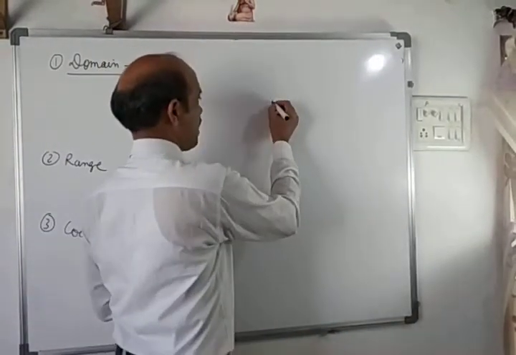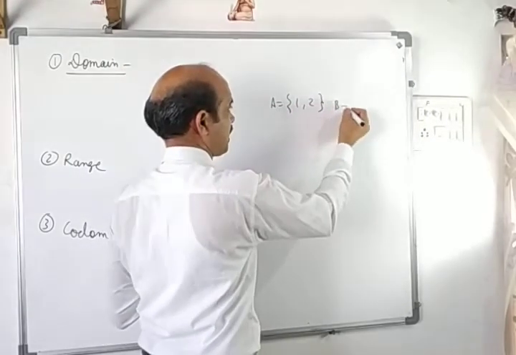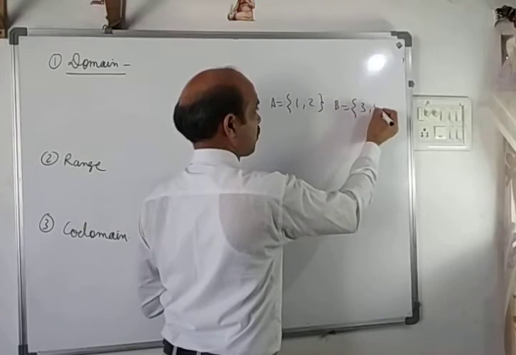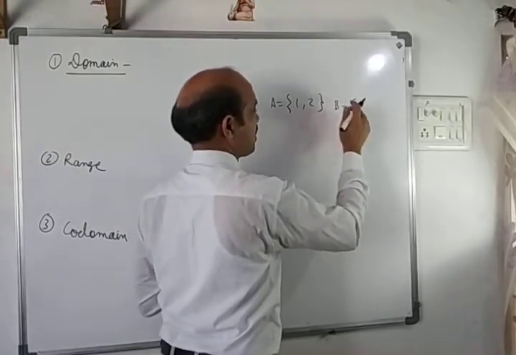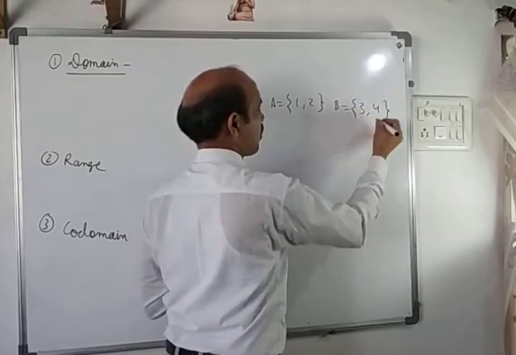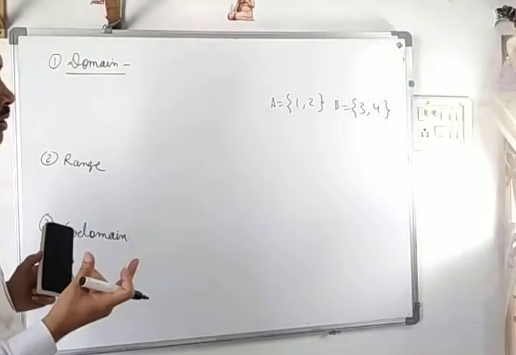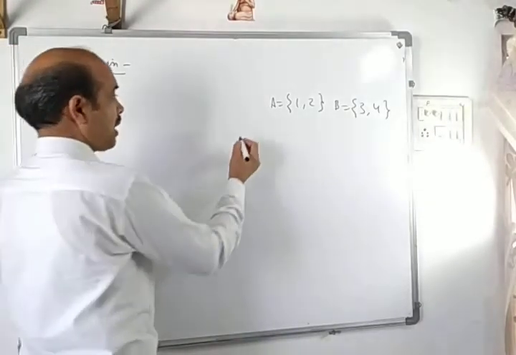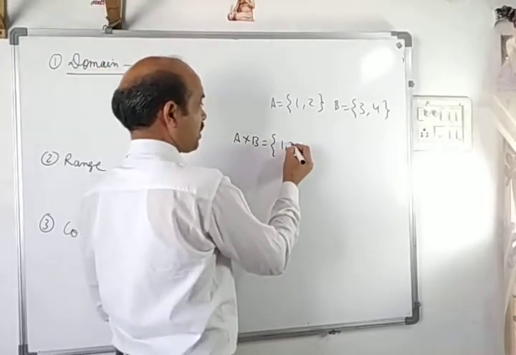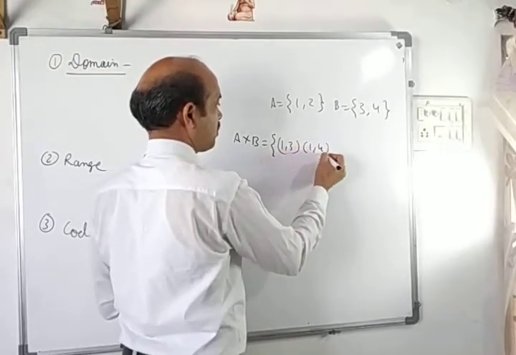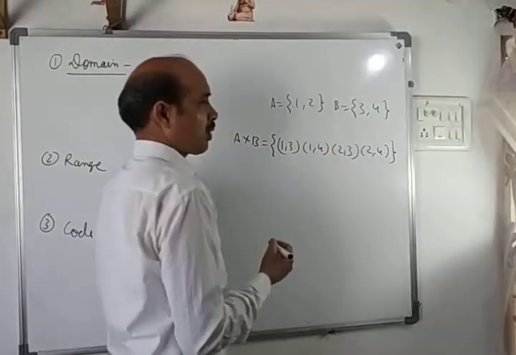So look carefully, suppose we have a set A = {1, 2} and another set B = {3, 4}, or maybe any elements we can take, no problem. Relation we'll discuss later. Now after getting A and B, you can make A cross B. So it is (1, 3), (1, 4), (2, 3), (2, 4), all 4 ordered pairs are there.